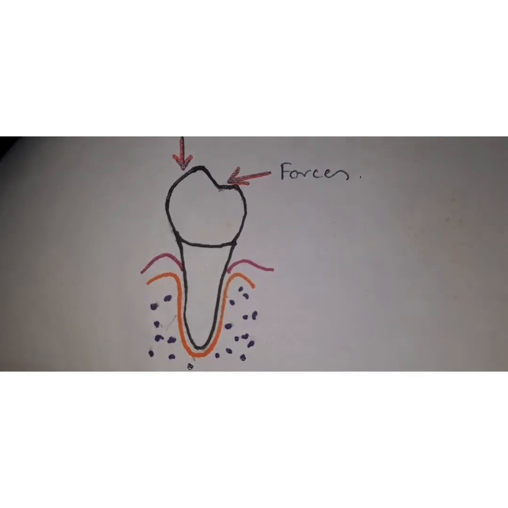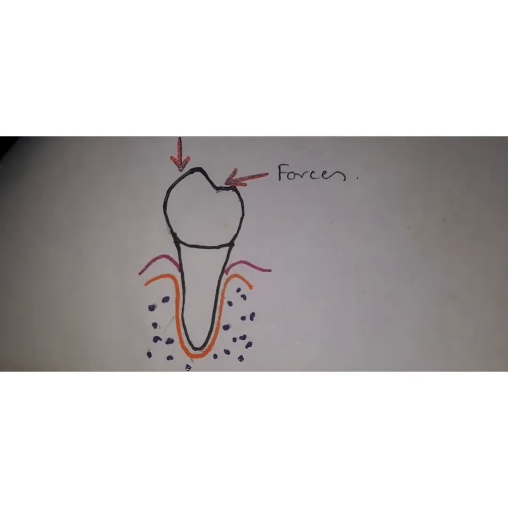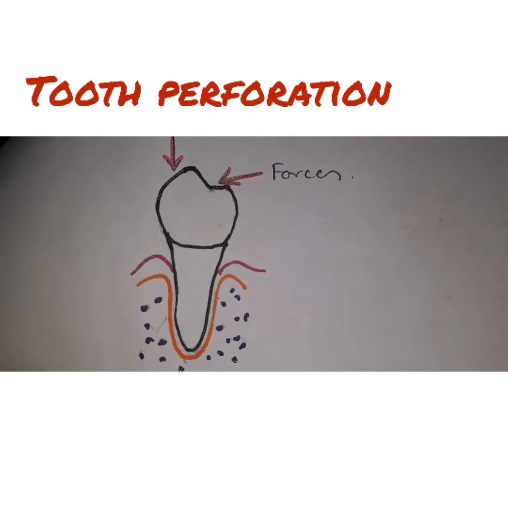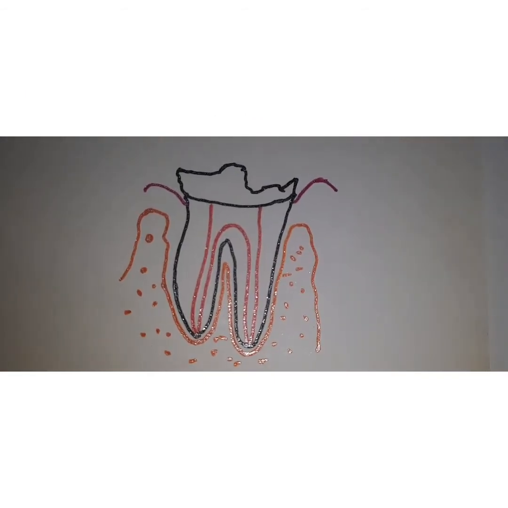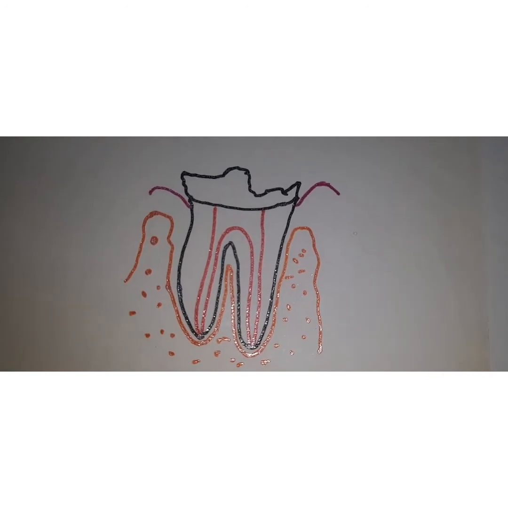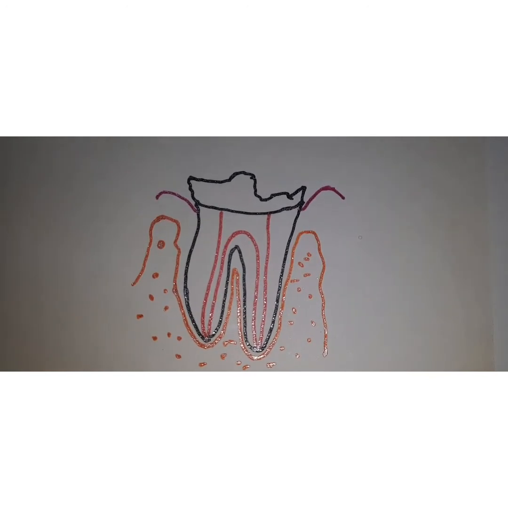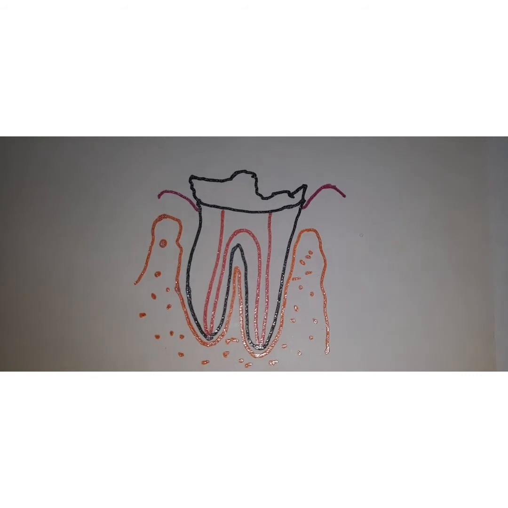Next biological failure can be tooth perforation. Now this may happen when you have a lot of destruction of the coronal tooth structure, but the root is intact, which is having a good alveolar bone support.